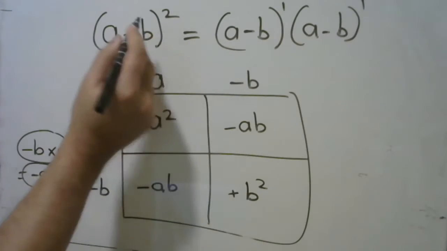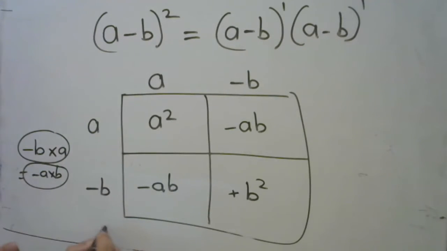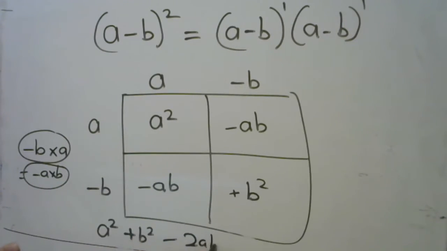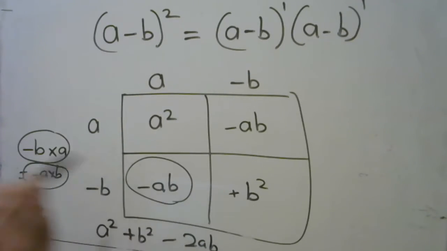So A minus B all squared is the same as A squared plus B squared minus 2AB. This is 1, this is 2. You add them up. Minus AB plus minus AB gives you minus 2AB. Alright?